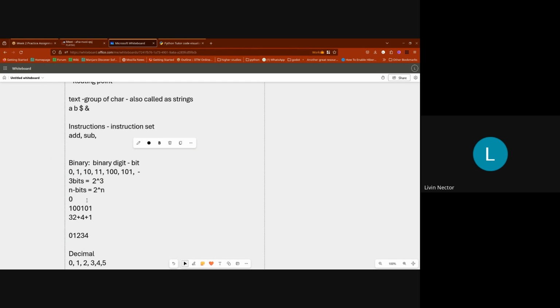Since we are starting from 0, it will be 2 power 3 minus 1, because we are including 0 also. 2 power 3 is 8, so with 3 bits, we can represent 8 unique numbers. But starting from 0, we can represent only up to 7, because 0 also takes 1 value. That's how it is 2 power n minus 1.